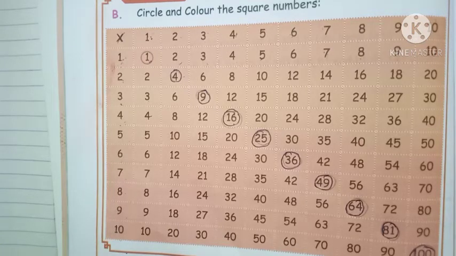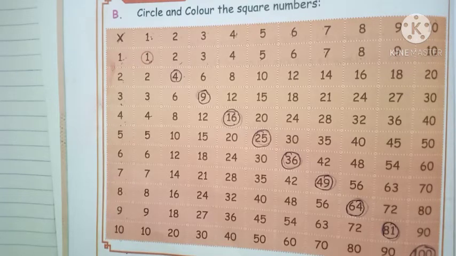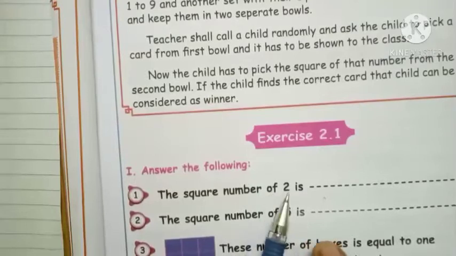Okay children. Shall I move now to exercise number 2.1? This tabular column only helps you do the sums. First one, answer the following. The square number of 2 is. Already you studied. The square number of 2 is. How to write this number 2?